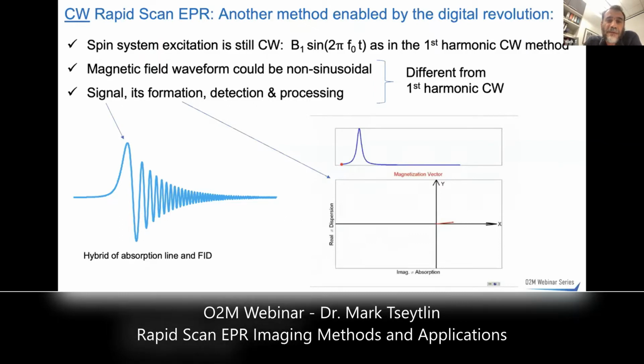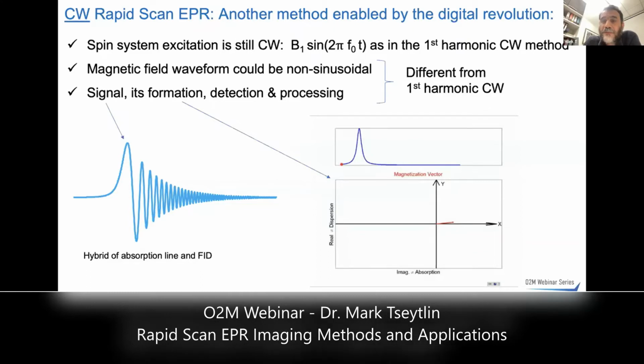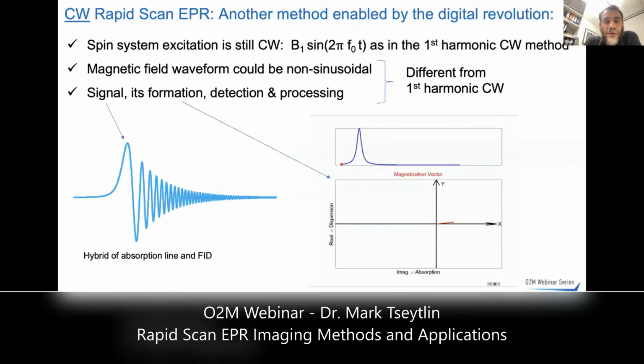That means, like in a standard first derivative experiment, we have CW excitation, a sine wave, same thing. But what's different is the shape of the magnetic field, which can be either sinusoidal or triangular, it could be something else, it could be trapezoidal. And what's more important, it's a different way to generate signals, to observe signals, and to process data.